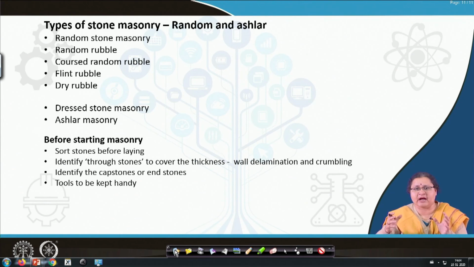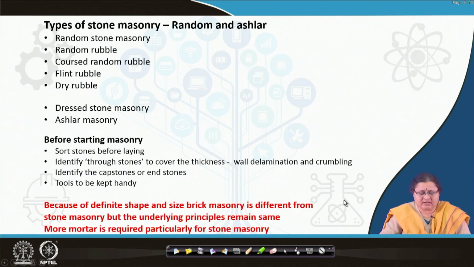Brick units are large, hence heavy, though the specific density of brick and stone is almost the same, but the size looks into the weight part, volume. So, if we look into some of the key points, because of definite shape and size, brick masonry is different from stone masonry, but the underlying principle remains the same.